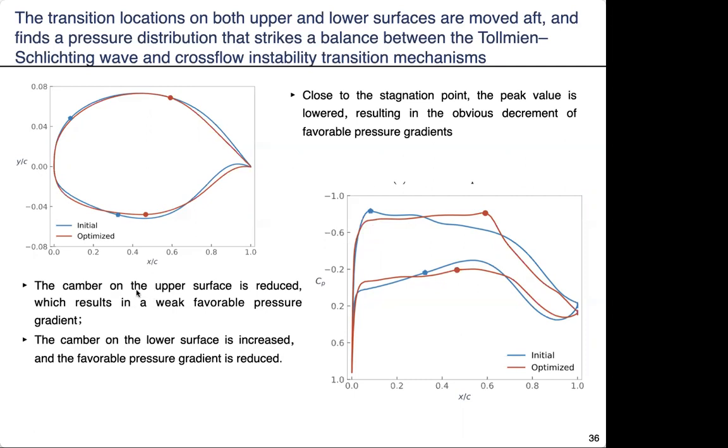And then finally the camber on the upper surface is reduced, which results in a weak favorable pressure gradient. This would suppress the Tollmien-Schlichting instability. And as the cross-flow instability is not that large in the middle region, the favorable pressure gradient will not amplify the cross-flow instability a lot and trigger laminar to turbulent transition.